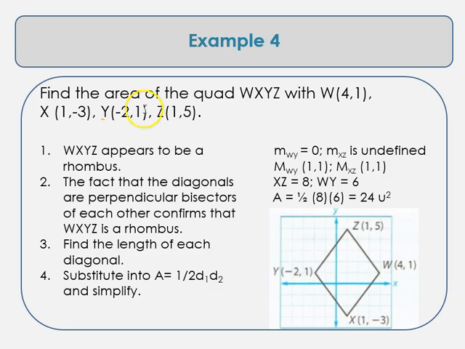So we're going to find the area of the quadrilateral, and we have these points. Point W is (4, 1), X is (1, -3), Y is (-2, 1), and Z is (1, 5). Now looking at this figure, it appears to be a rhombus.